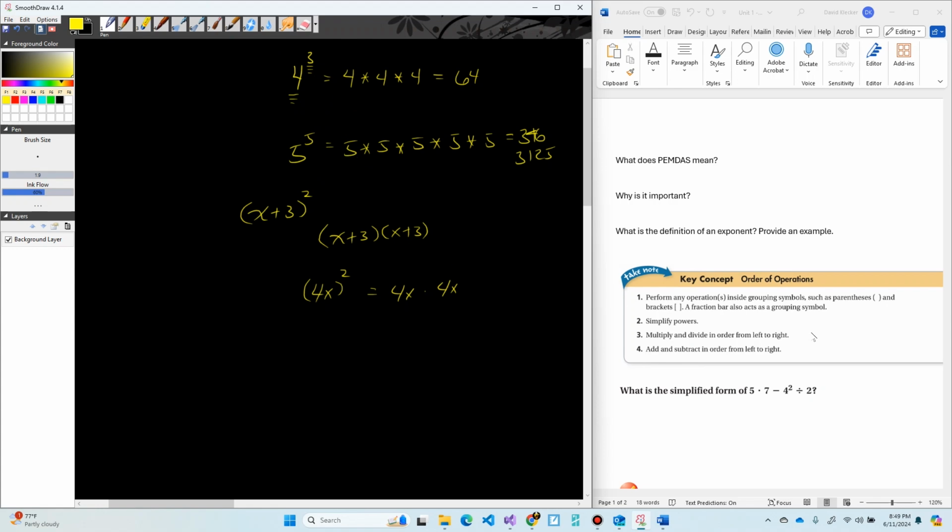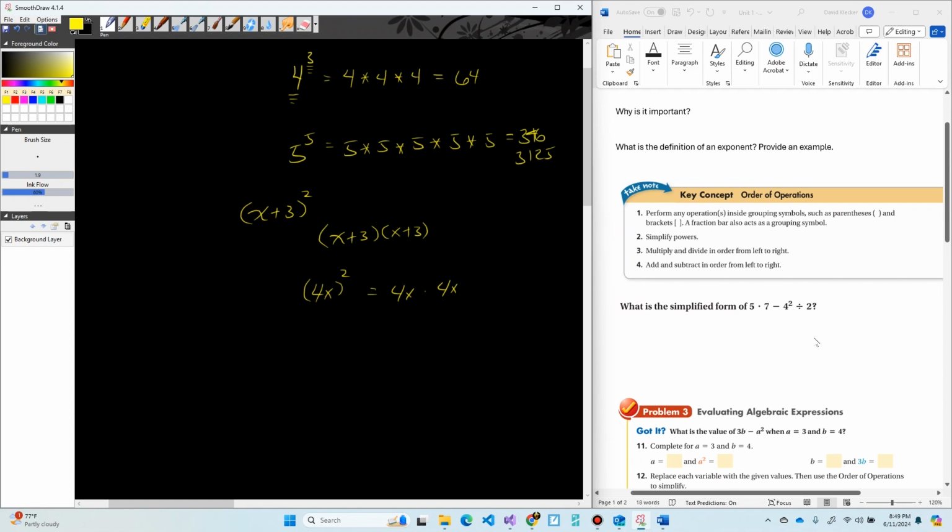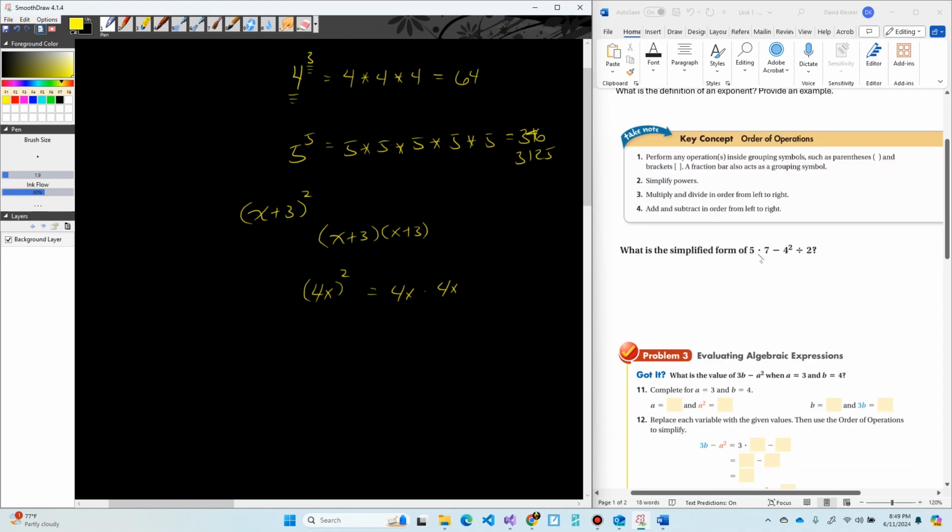So going to the worksheet here, let's look at what the simplified form of 5 times 7 minus 4 squared divided by 2 is going to be. We solve this using the order of operations. First, we perform any operation inside grouping symbols such as parentheses and brackets.